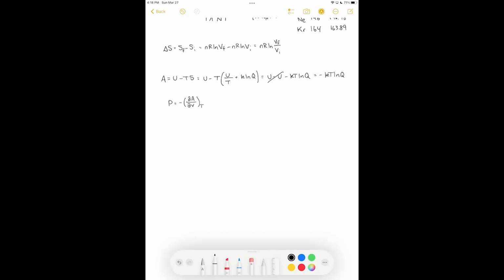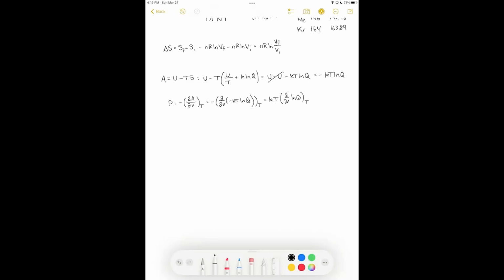Let's actually evaluate this. Here we're saying that this is equal to the negative partial derivative with respect to volume of negative kT natural log of Q at constant temperature. So we can pull out the kT here. This gives us kT times the derivative with respect to volume of the natural log of Q.